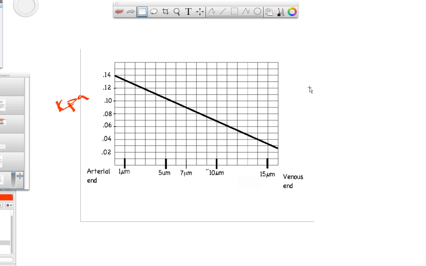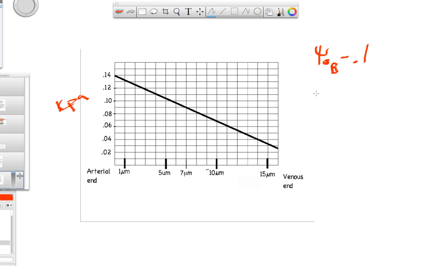Another example of variables I could give you. I could tell you the osmotic potential of the blood. And so let's say the osmotic potential of the blood was, I don't know, minus 0.1 units. Minus osmotic potential of the blood.